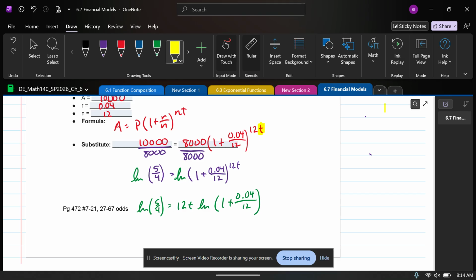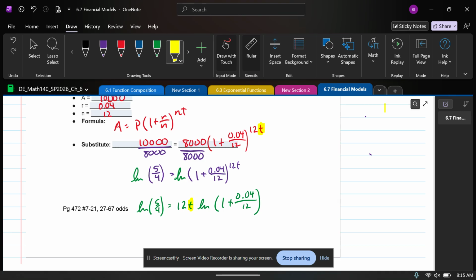Now, again, remember, I'm trying to solve for t. So what's going on between t and the 12? What math is happening between the 12 and the t? Multiplication. What's happened between the 12t and this natural log? It's out there in the front. We pulled the exponent down. It's not an exponent anymore. Now it's a multiplier. So this is 12t times natural log of that.